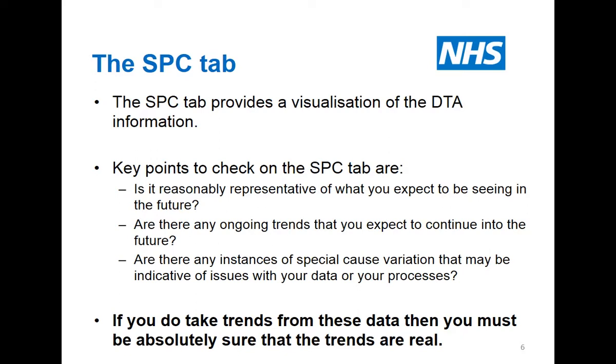Are there any instances of special cause variation that may be indicative of issues with your data or your processes? These may bias the information you have entered. Check any highlighted points and ensure that you can account for them. If you do take trends from this data, then you must be absolutely sure that the trends are real. Investigate and check them.